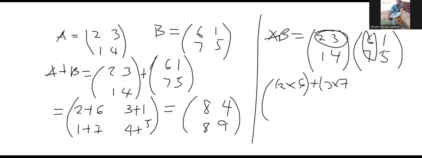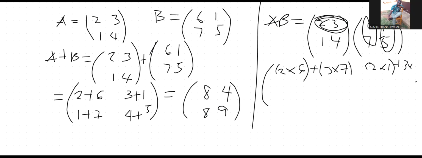So when you want the one at the right hand side, that's also going to be the 2, 3 again times the 1, 5. So 2 times 1 plus 3 times 5. So that's what the down one too. 1, 4 times 6, 7: 6 is 6, 4 times 7 is 28.